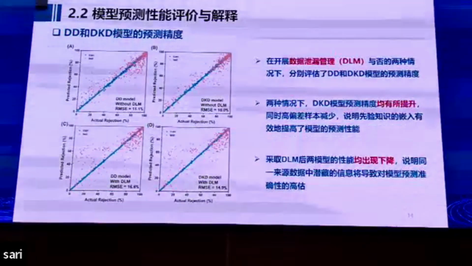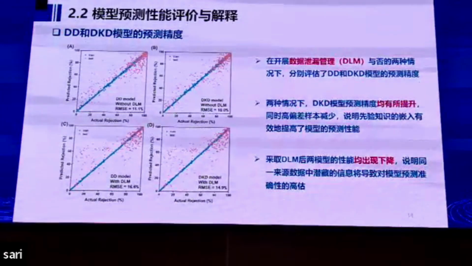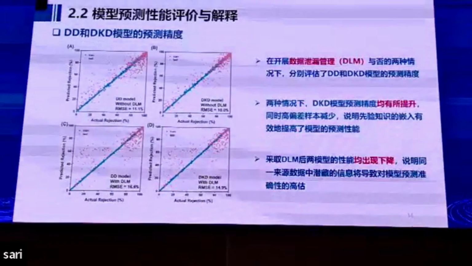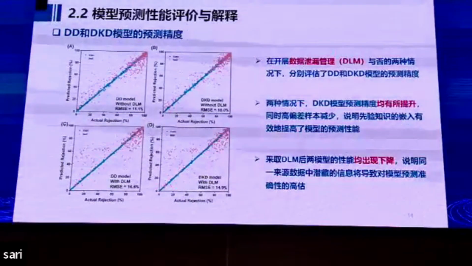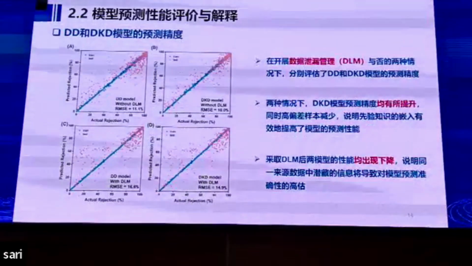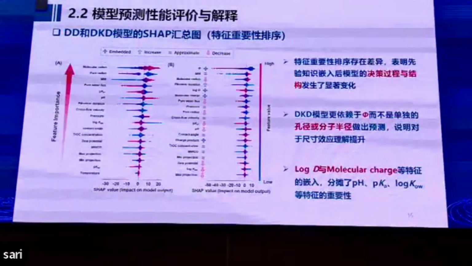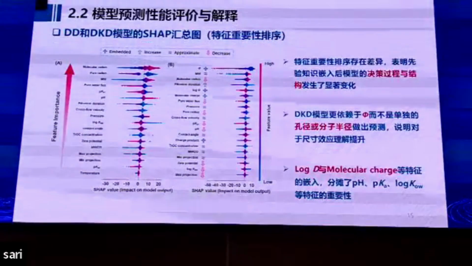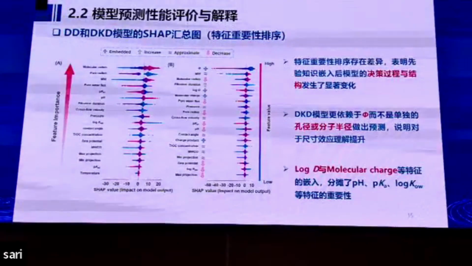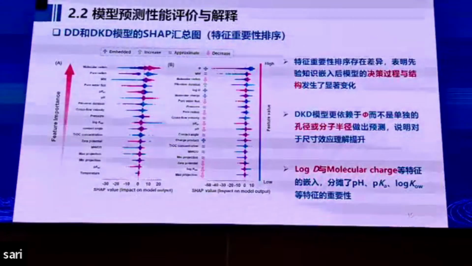From these results, the predictive accuracy of the two models is quite similar, with no very large difference. But when we introduce these different parameters like phi and the charge product, it changes the feature importance.